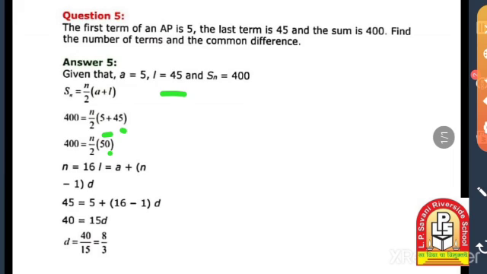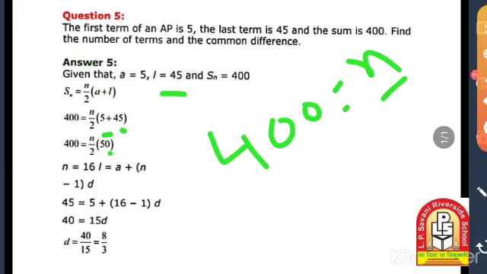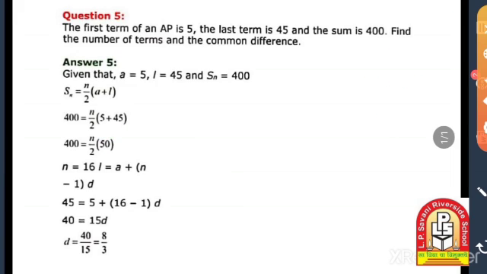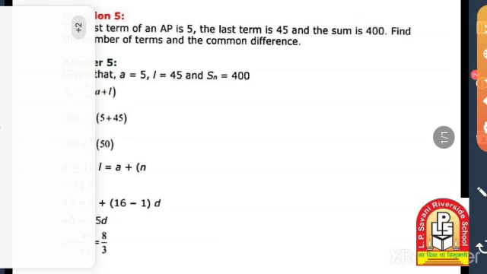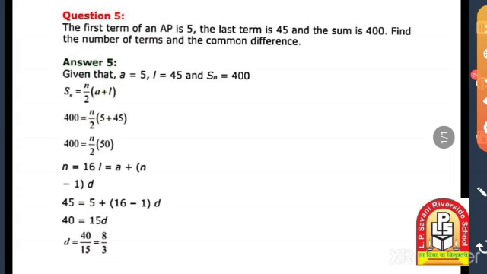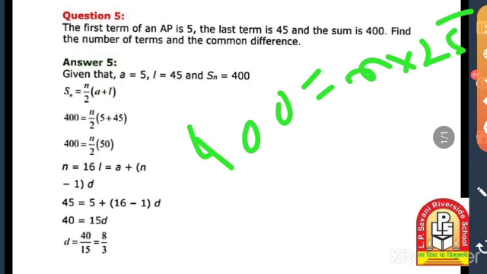So 400 is equal to n by 2 in the bracket 50, that is 400 is equal to n multiplied by 25, because 50 divided by 2 gives us 25.